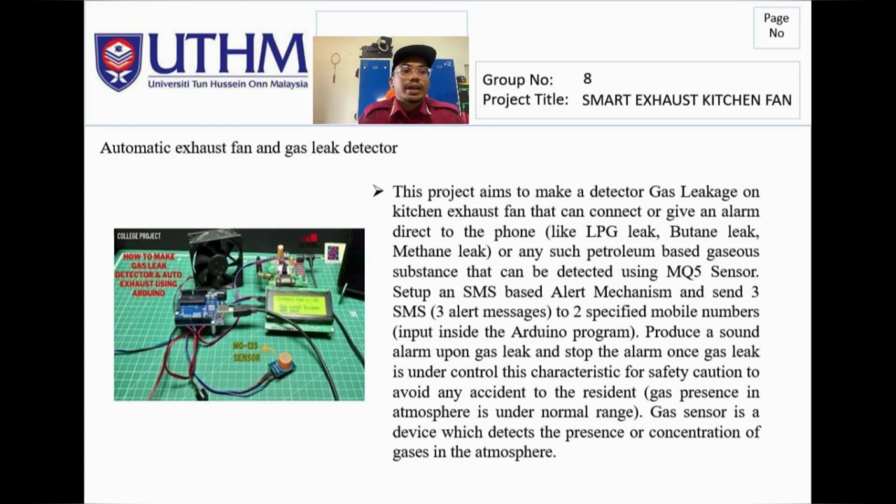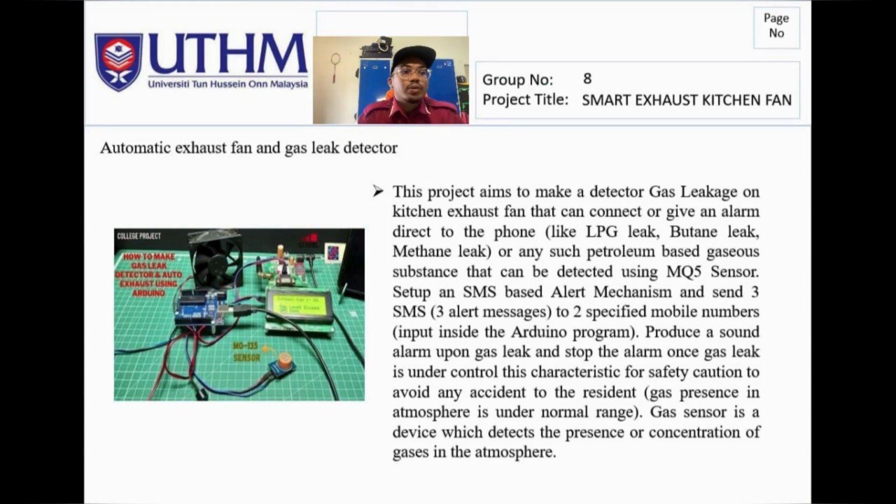Okay, set up an SMS-based alert mechanism and send 3 SMS to 2 specific mobile numbers that we programmed on the Arduino.